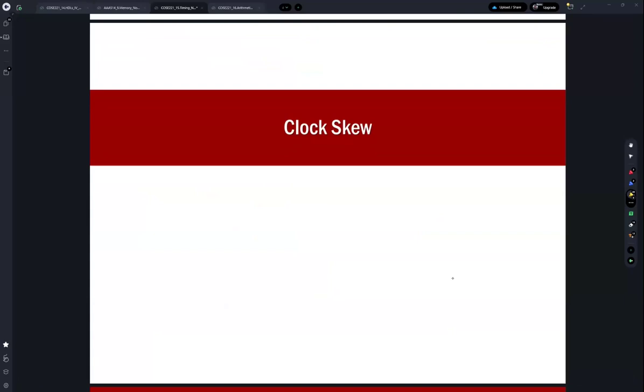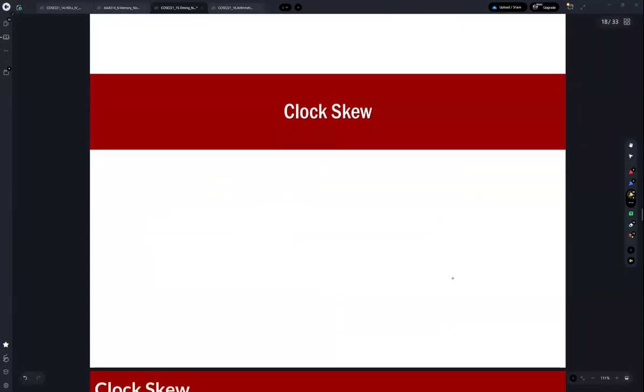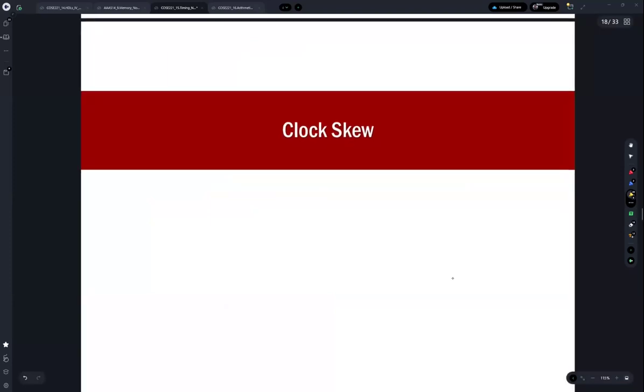Now there is another constraint: we will learn about clock skew. So what is skew? I mentioned that the clock signal is a periodic signal, and the period of this clock signal is fixed.